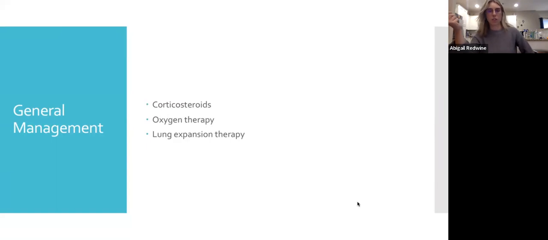You want to get that lung expansion therapy to get to the bottom of the lungs where there's the most pooling and be able to pop those alveoli open so it causes less atelectasis. You can help improve oxygenation and hopefully try to stay on the healthier side.